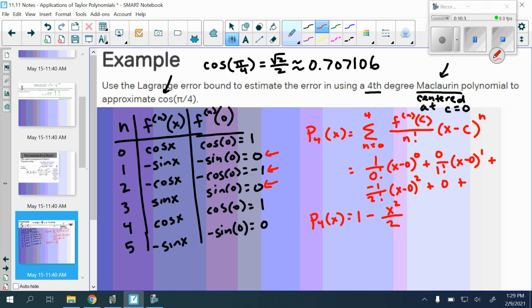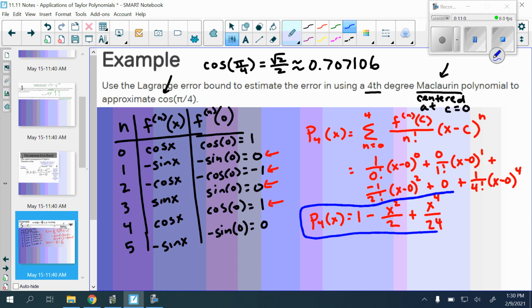And our last one, now we're on the fourth one here, so we're going to have our fourth derivative value 1 over 4 factorial, x minus 0 to the fourth. So that's going to give us positive x to the fourth over 4 factorial, which is 4 times 3 times 2 times 1, which is going to come out to be 24. So there's our Maclaurin Taylor polynomial centered at 0 that can be used to approximate cosine.